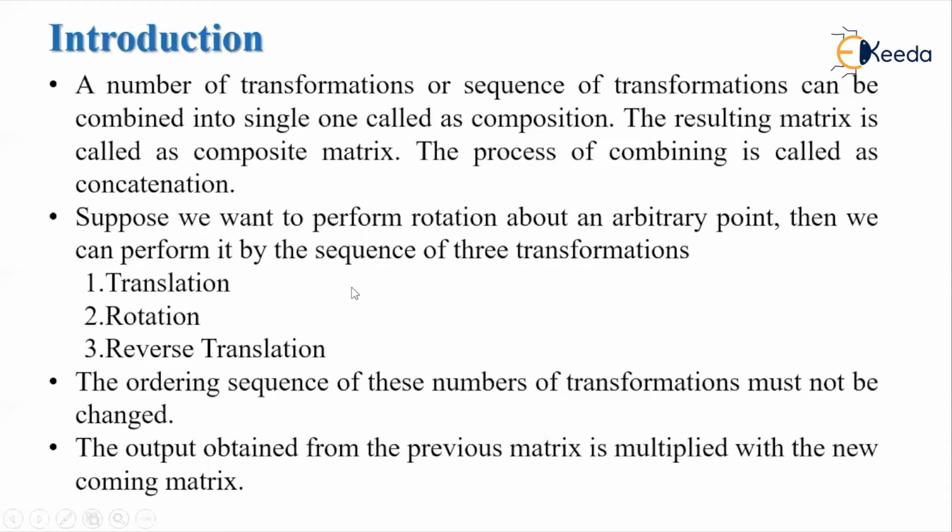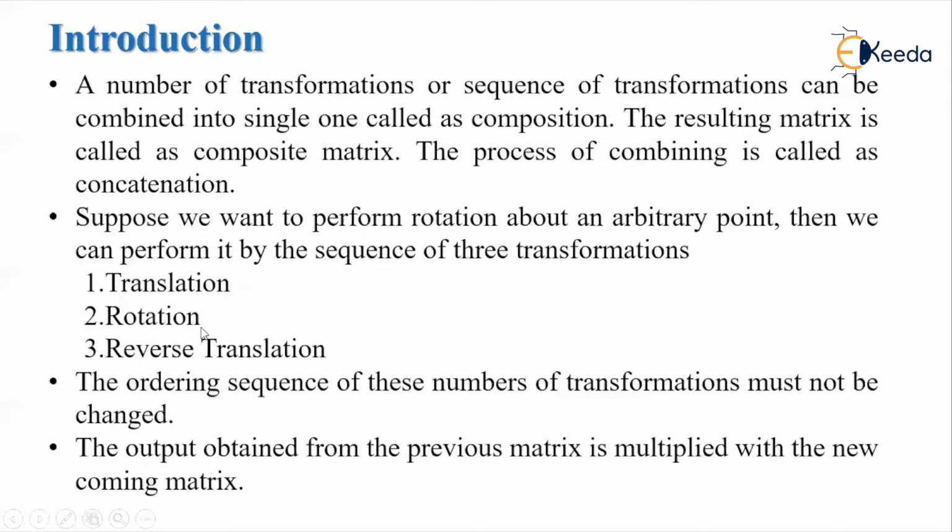Now if we want to perform the rotation about an arbitrary point, first we will translate that point to the origin, and then we rotate it, and then again we bring that point to the original position after the rotation. So in this way, we have performed a sequence of three transformations.